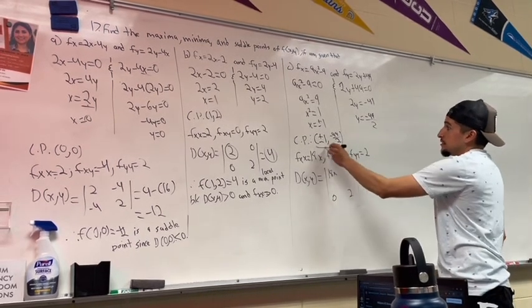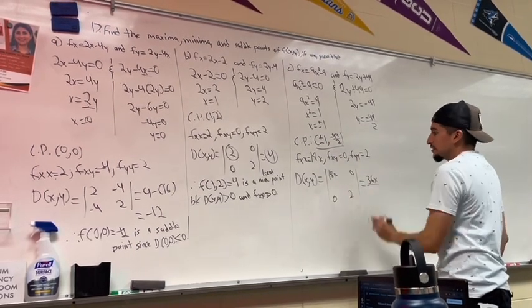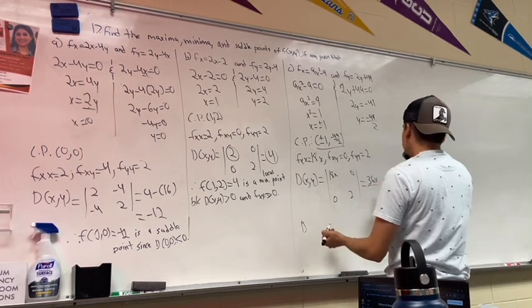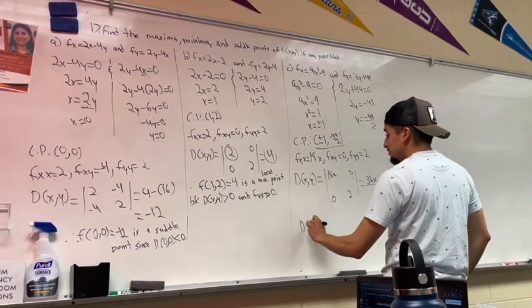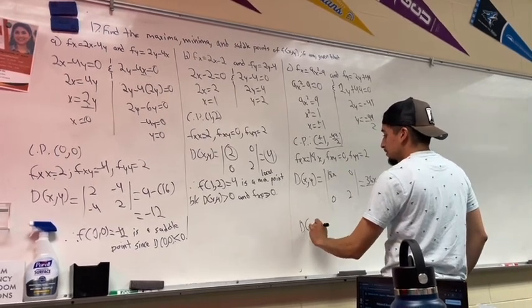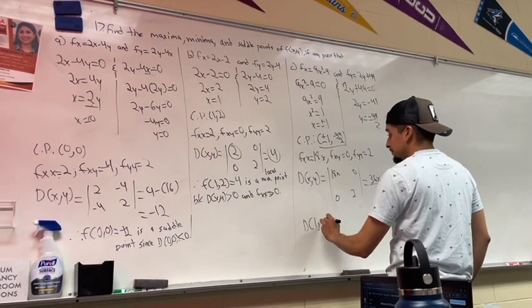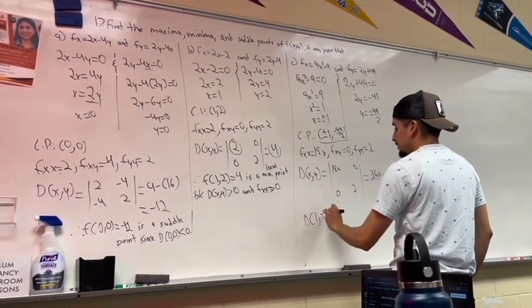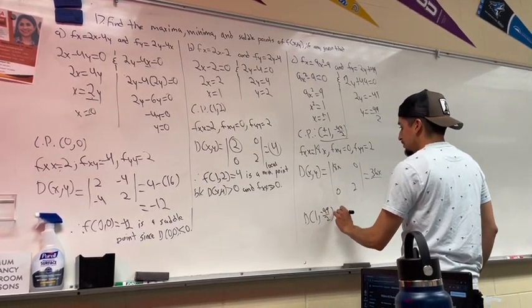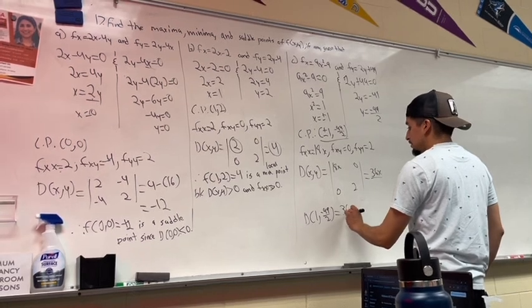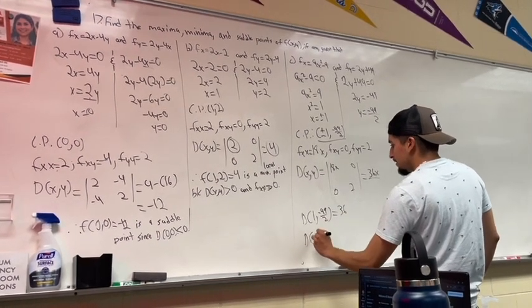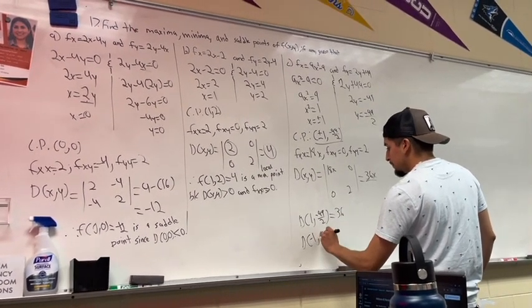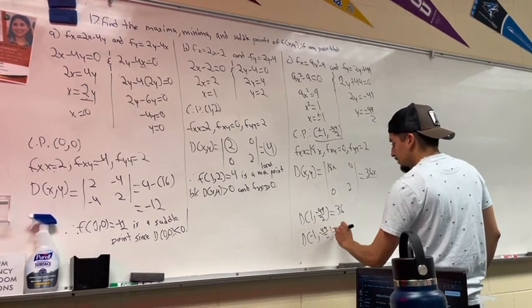Now we gotta test these points. Thankfully, it's only an x value, so we only have to do positive 1, negative 49 over 2, which equals just 36, negative 1 would be negative 36.